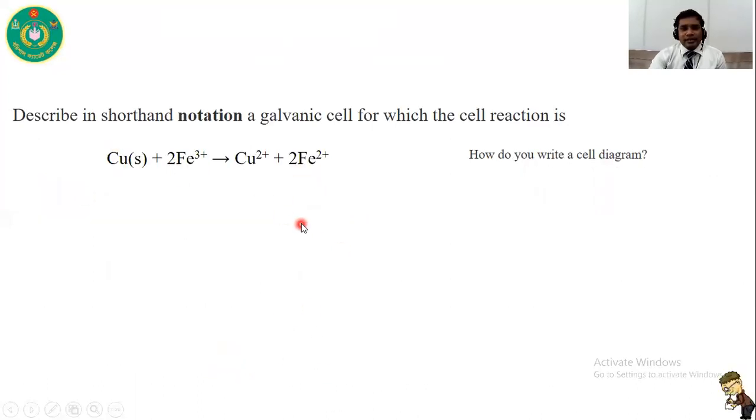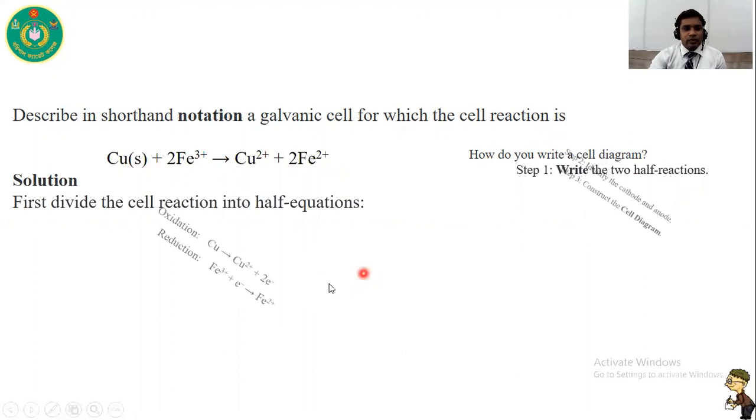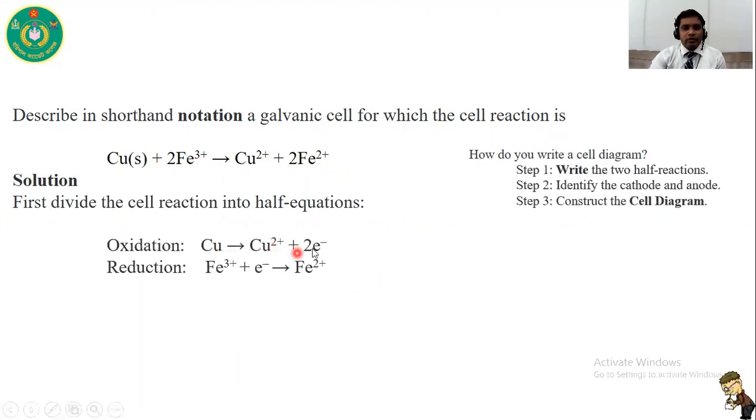Another example for your better understanding, Cu + Fe3+ arrow Cu2+ + Fe2+. So we should write two half reactions first. For example, Cu arrow Cu2+ and 2 electrons, this is oxidation, and Fe3+ plus electron equal to Fe2+, this is reduction.